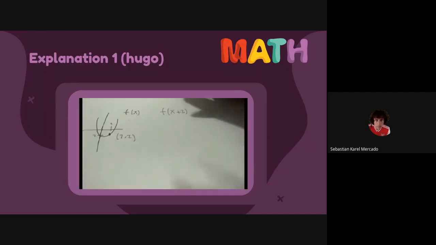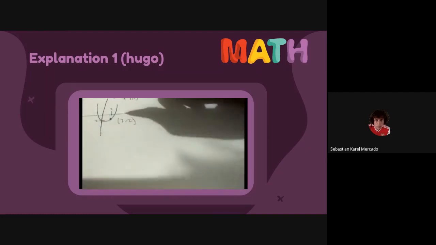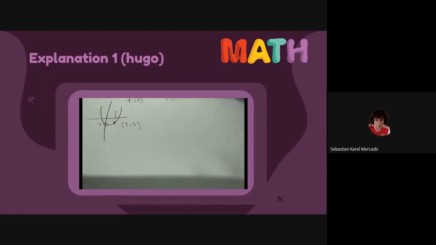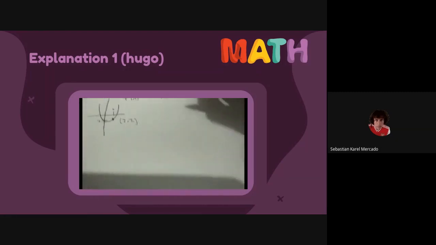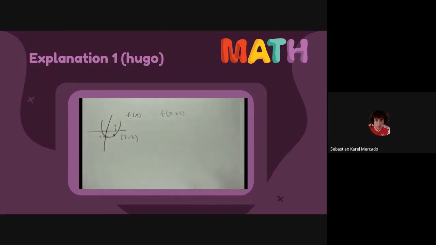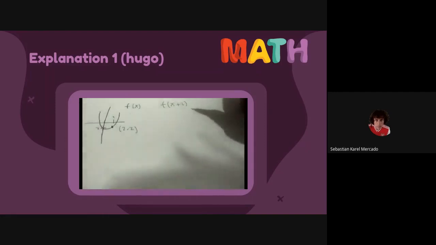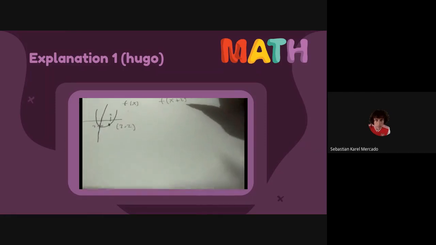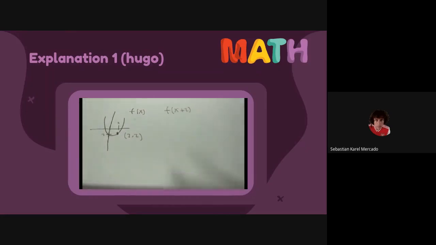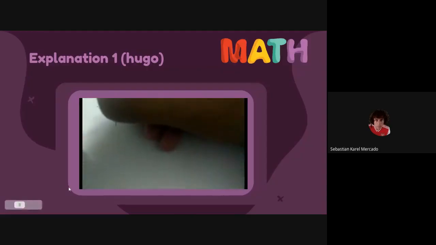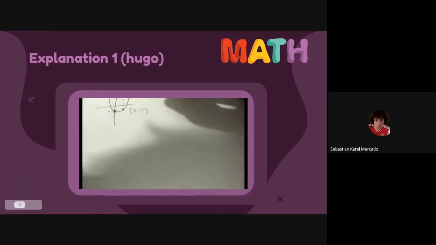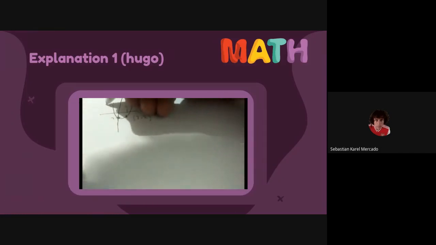If the sign here is minus, the graph will move plus 2, so it's like vice versa: if minus it goes plus, and if plus it goes minus. So here it's plus 2, so we're going to minus it by 2, so the x will be right here. We have to draw the graph too.